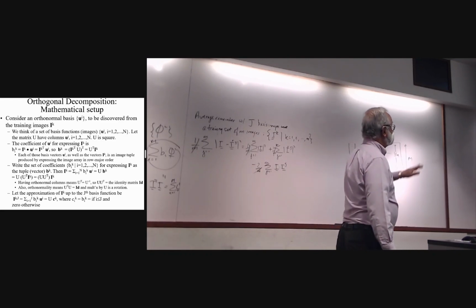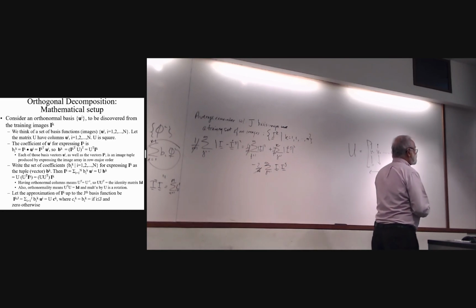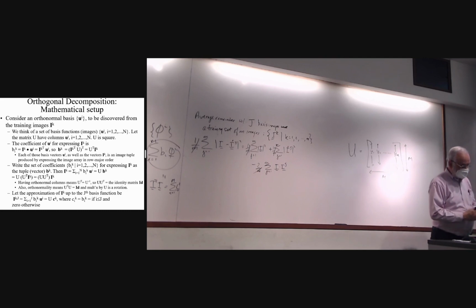And then there's a bunch of algebra here that says when I want the ith coefficient of the basis representation of training image I_k, it ends up being the dot product between the image and the basis vector, because of the dot product rule.